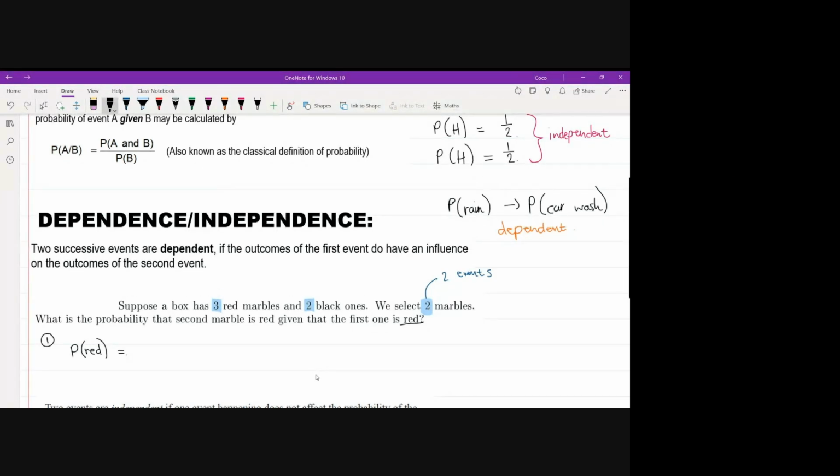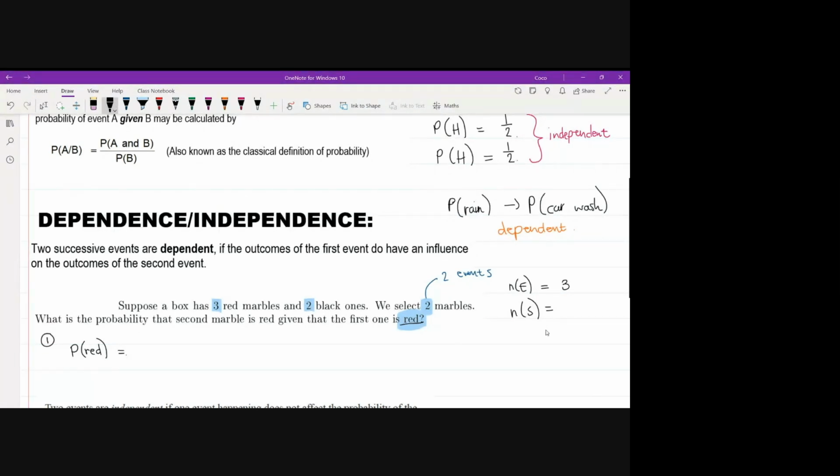First we need to look at our event. We want to see that we're pulling out a red marble. How many red marbles do we have? We have 3. Good. So our event size is 3. What is our sample size? What are the possible outcomes?